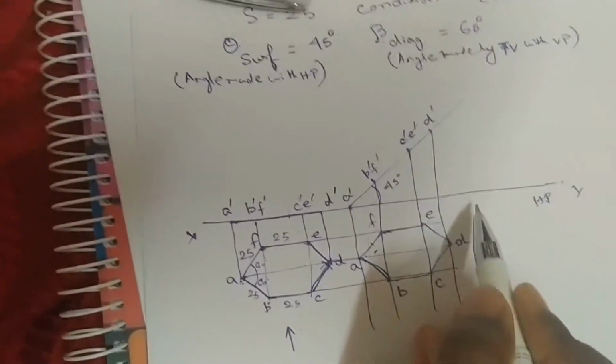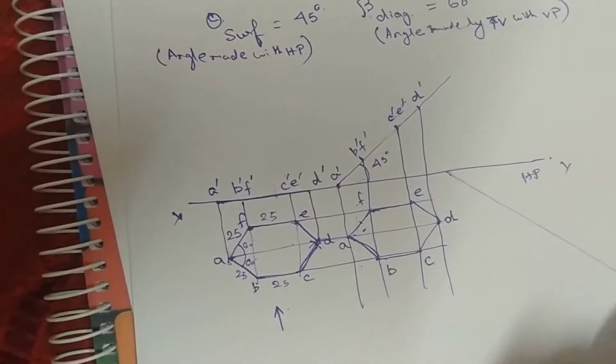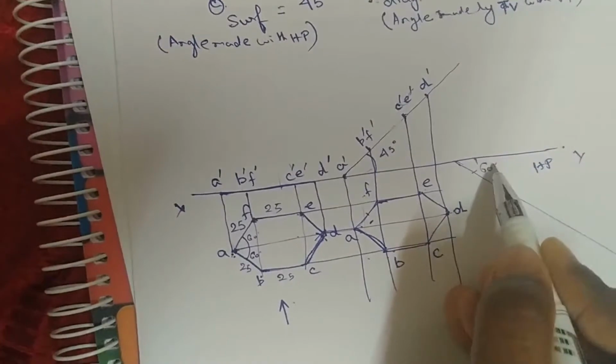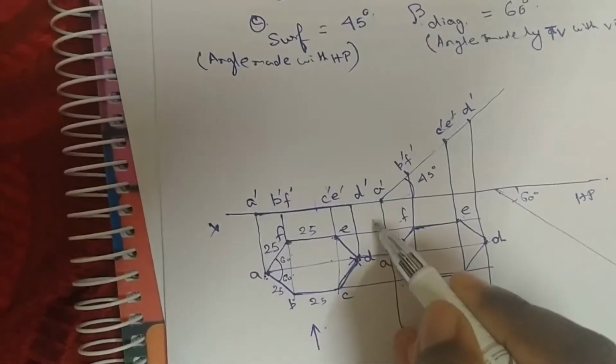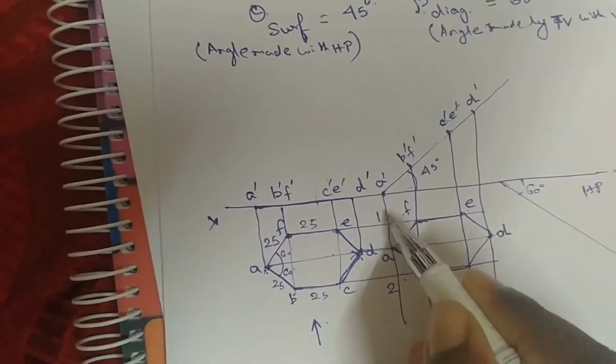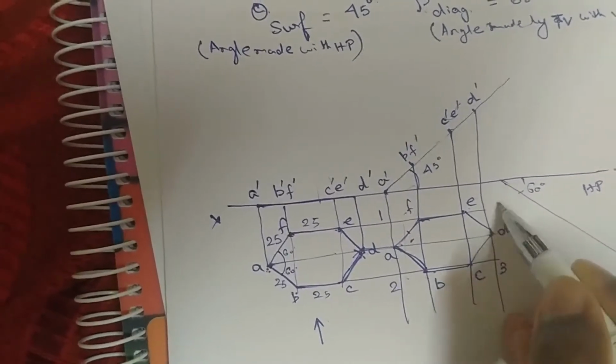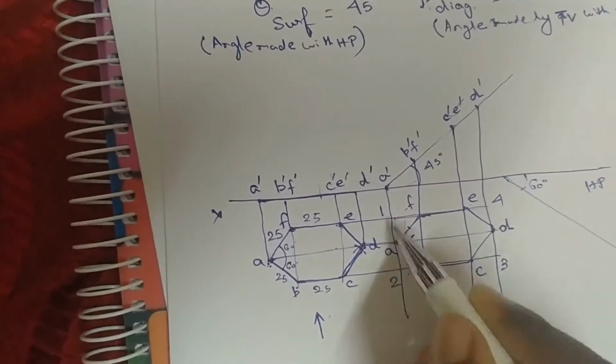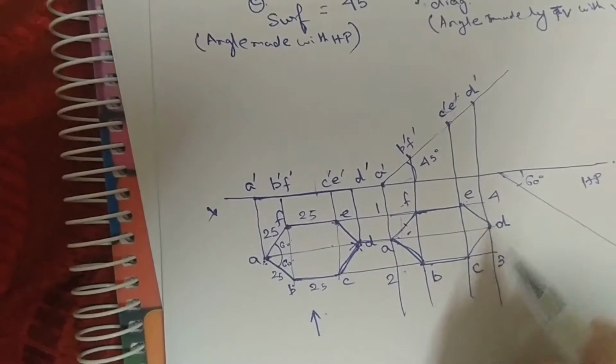So we are going to simply draw a 60 degree angle line. After that, we are going to consider this one rectangle 1 2 3 4.